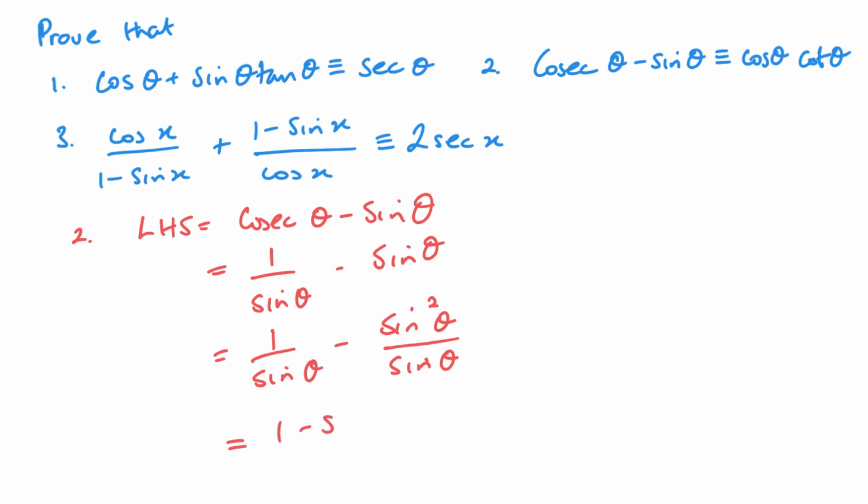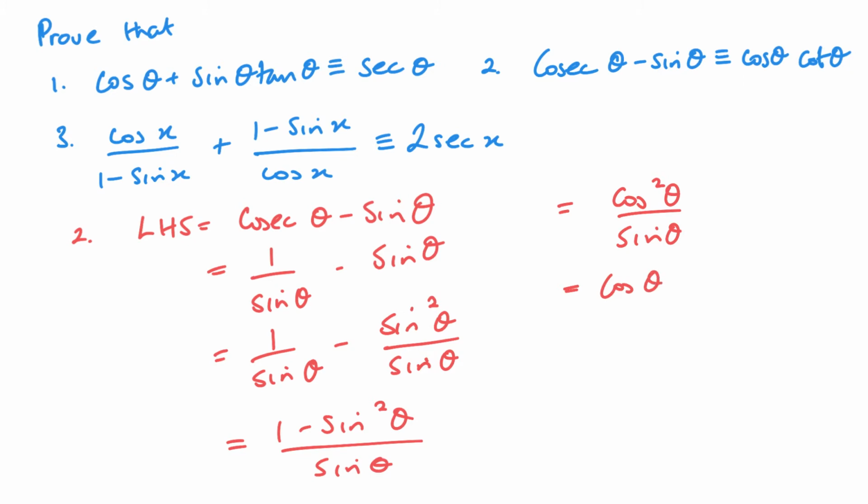So that's 1 minus sine squared theta over sine theta. 1 minus sine squared theta is cos squared theta. So cos squared theta over sine theta. So that's cos theta times cos theta over sine theta. And cos theta over sine theta is cot. So cos theta cot theta. And there is the right hand side.